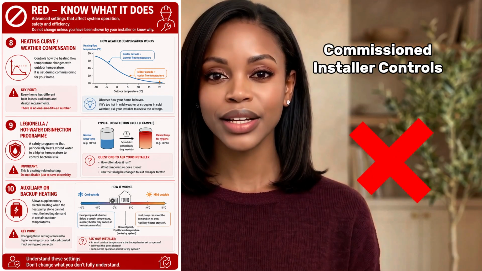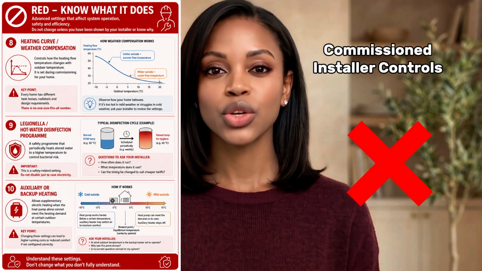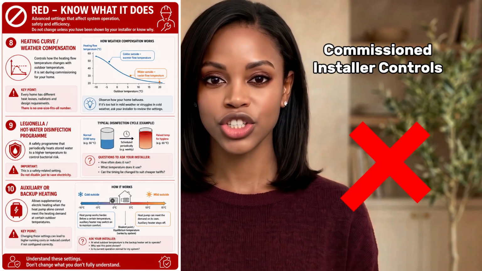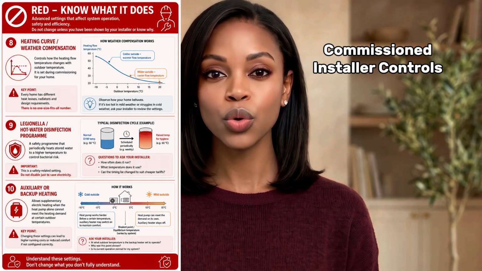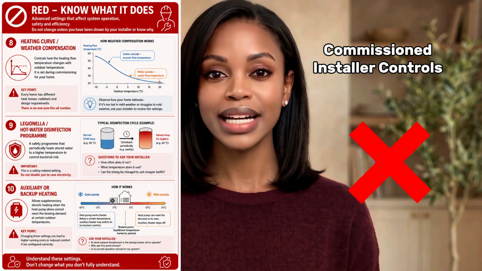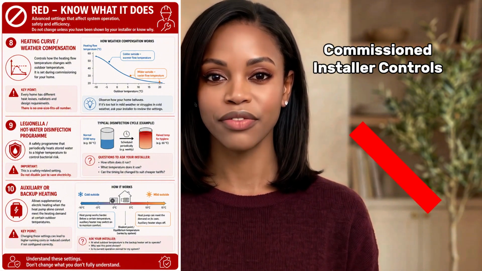These can affect comfort, hot water availability and cost. You may use them but understand the trade-off. These include heating curve/weather compensation configuration, Legionella or hot water hygiene program, auxiliary/backup heating configuration. These relate more closely to how the installation has been commissioned.